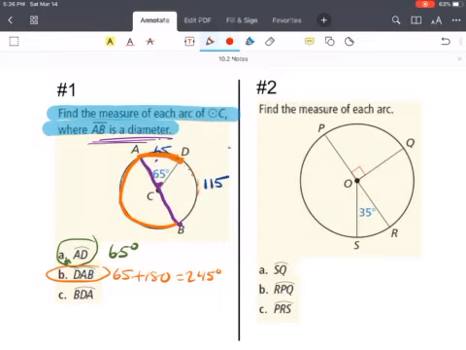And then for BDA, I'm going to start at B, go through D, hit A, and that's going to total 180 degrees.